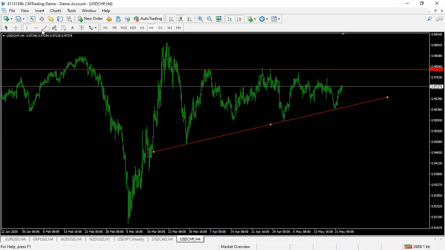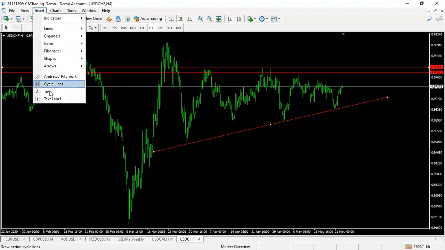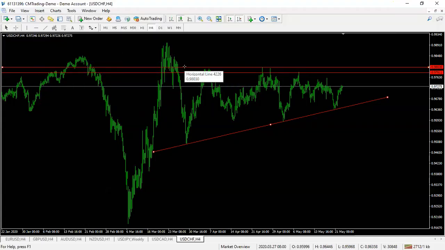But then looking at this market, we have a bit of a lower point that formed. So we can adapt this higher point and take this as a zone, as a supply zone. So insert shapes, rectangle. Then you have that point.